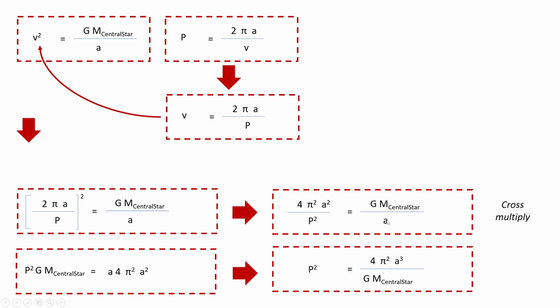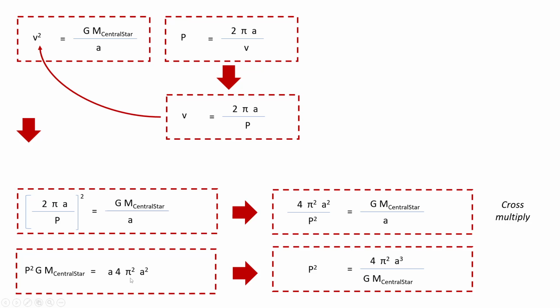Now you can cross multiply. What do I mean by cross multiply? 4 pi squared A squared times A must equal P squared times G M central star. So you go like that, and it must equal that. And that's what I'm doing here. That's this outcome: P squared G M central star equals A times 4 pi squared times A squared.